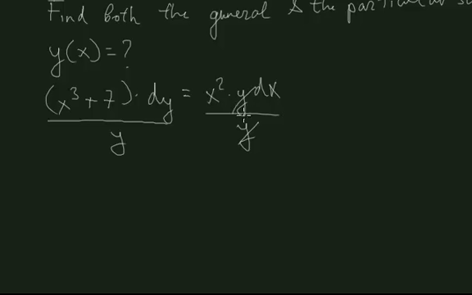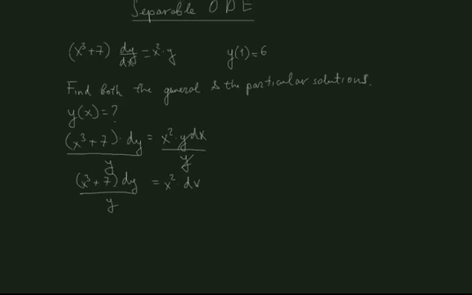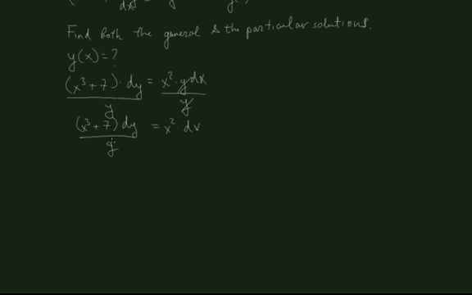So I cancel the y's on the right hand side, so it looks like x squared times dx. And now the left hand side would be x cubed plus 7 times dy over y. I have to change the left hand side because there is still x and y on the same side.